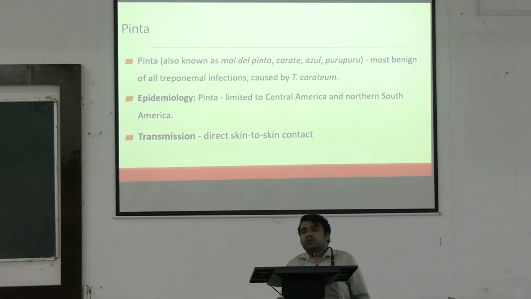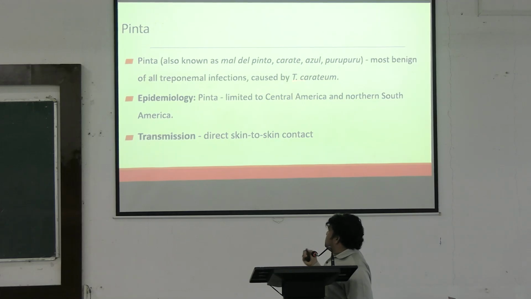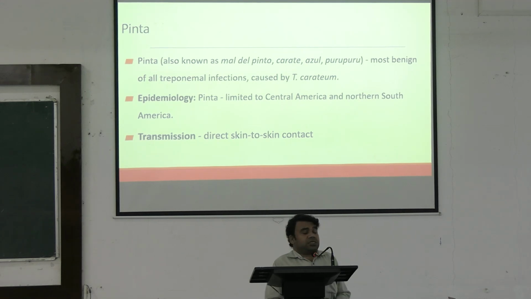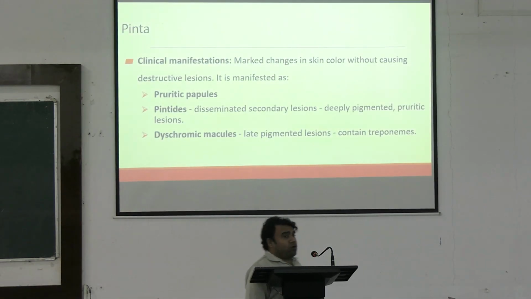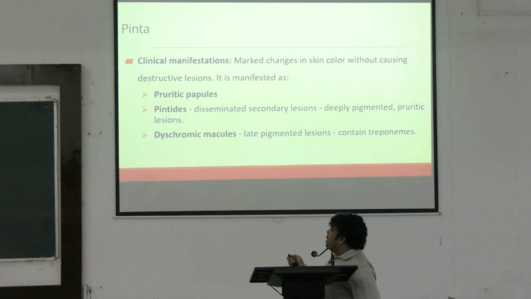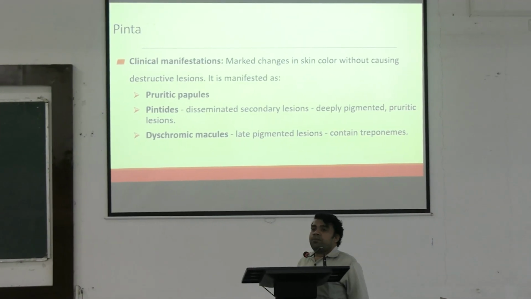Next comes the third form, also called Pinta. This is more commonly seen in Central America and sometimes even in North America, and it is also called mal del pinto and caused by Treponema carateum. Like previously, this also spreads by direct skin to skin contact, and over here the presentation you can see is first a pruritic papule.